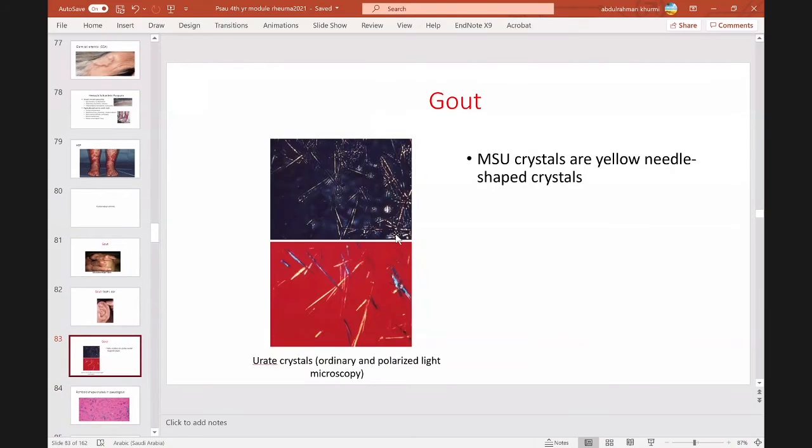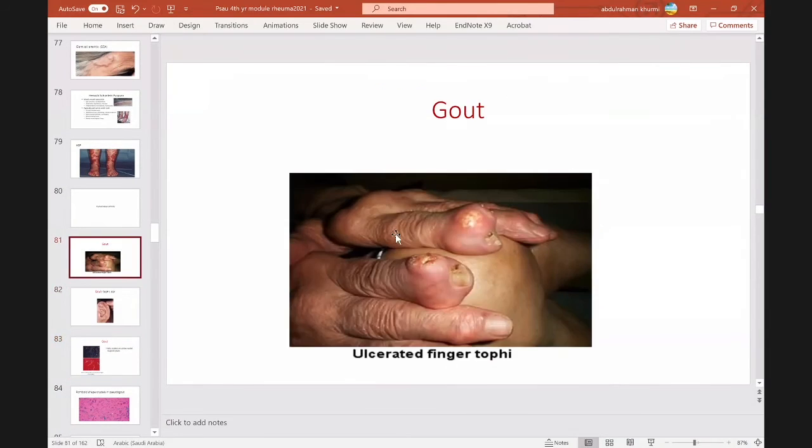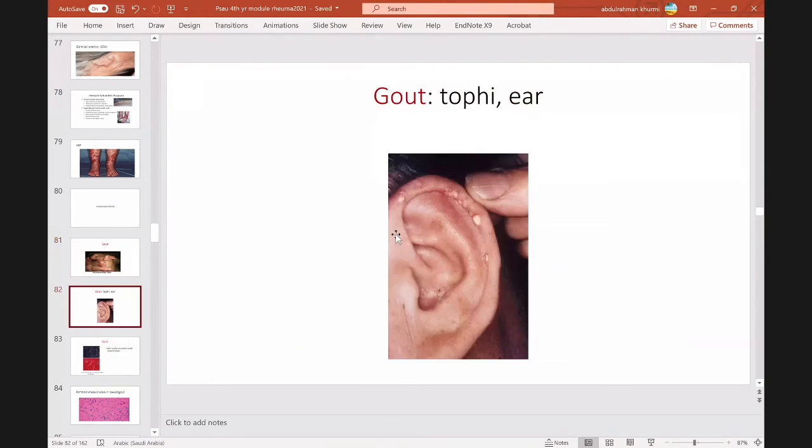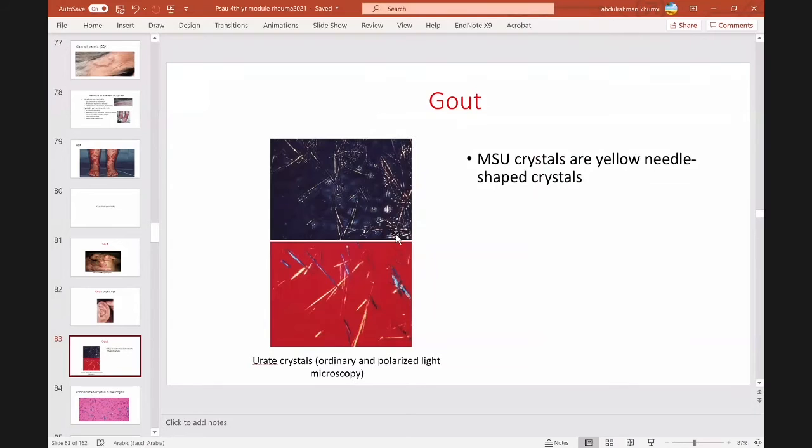What is this? The cause is increased uric acid in the body, Doctor? The cause is increased uric acid, yes, either under-secretion or over-production. What is this crystal? So needle-shaped crystals, negatively birefringent under the light microscope.